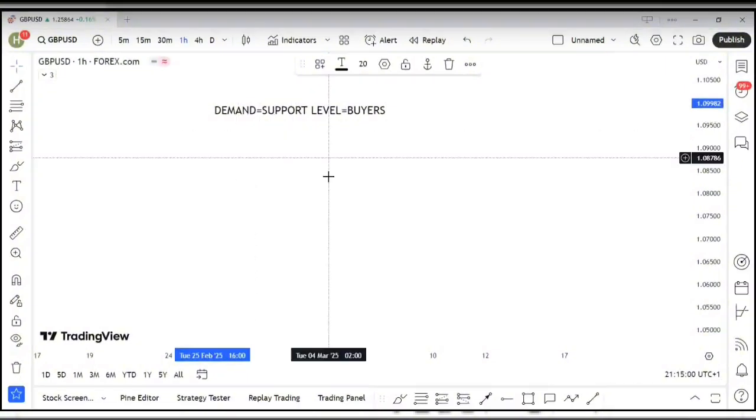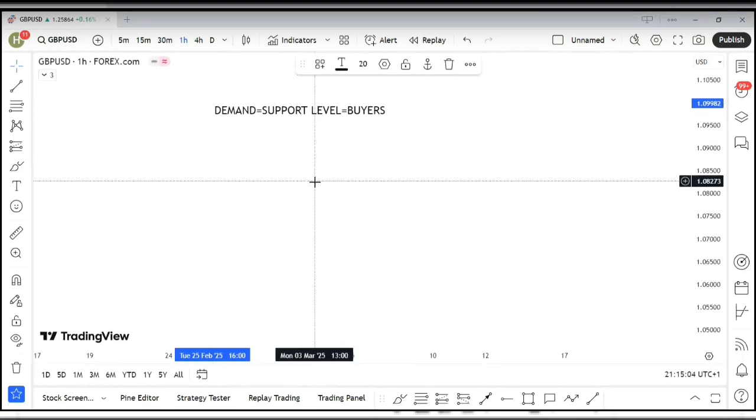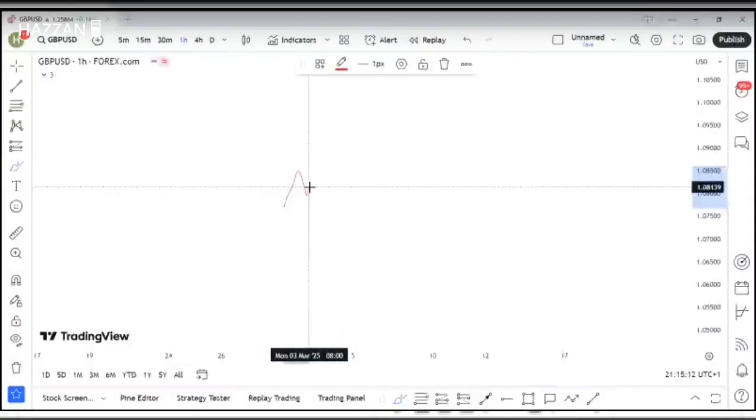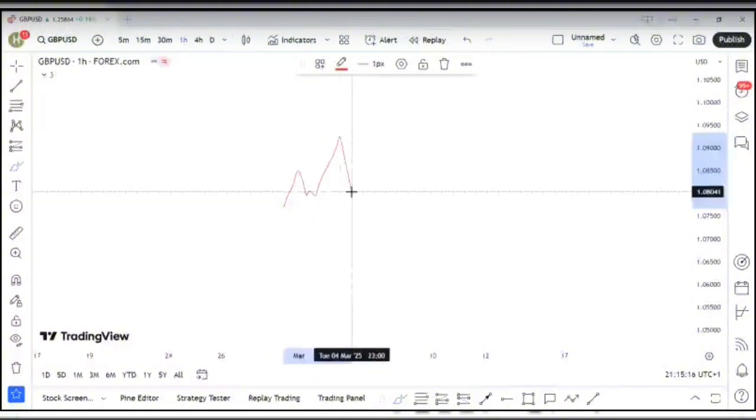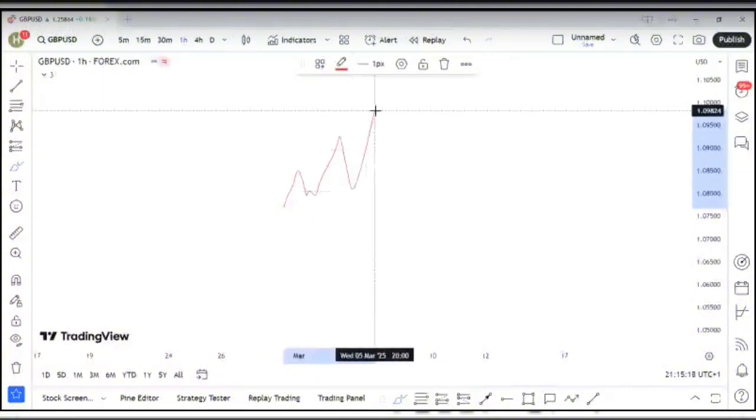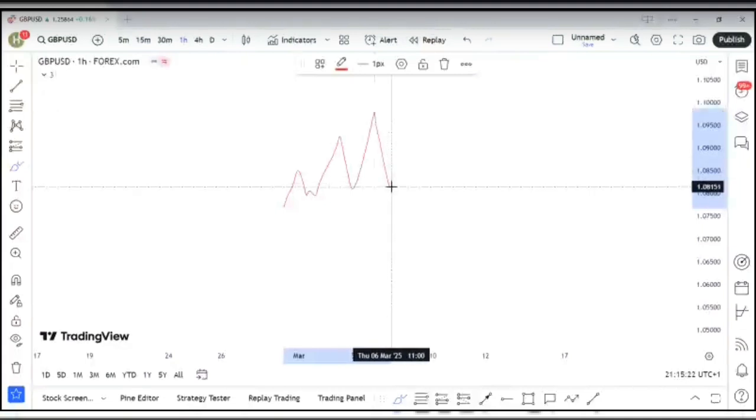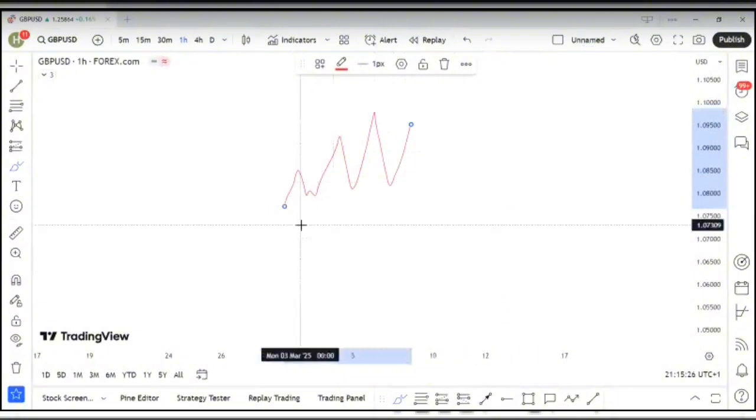So why is the demand zone related to the support level? Let's say, for example, we have something like this: price creates a demand zone, price pulls back, triggers those orders and continues from the demand zone. We then see price again push from that demand zone and continue the upward move.